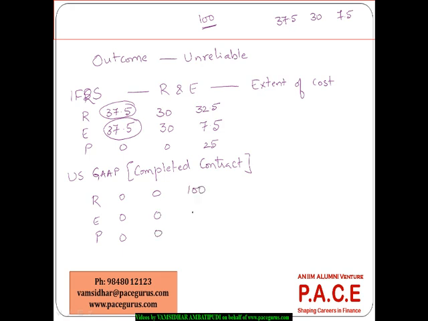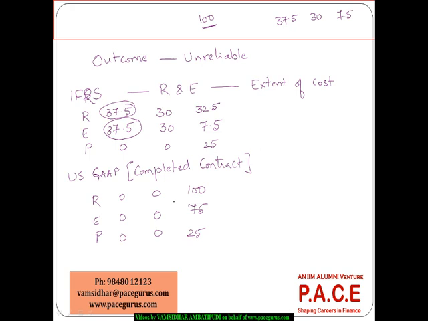Only in the final year, the revenue as well as expenses, both of them are treated, and the final profit is computed. So I won't have any revenues and expenses until the project is completed. Only on the final stage I'm going to showcase both my revenues as well as expenses.